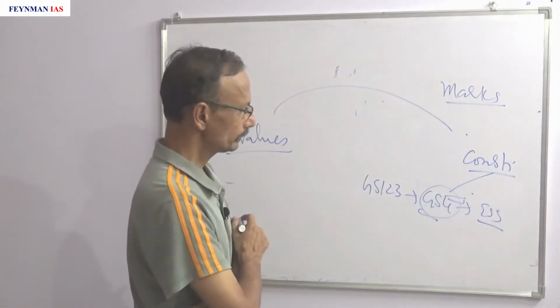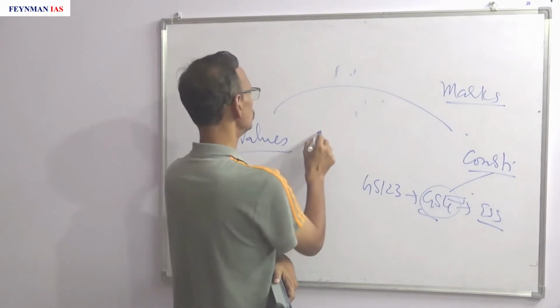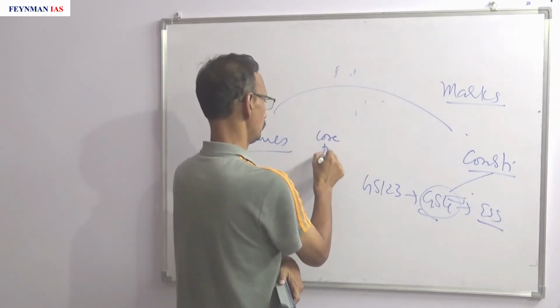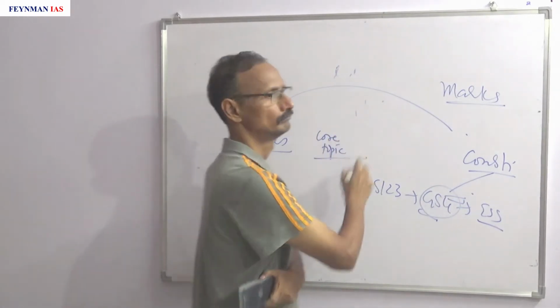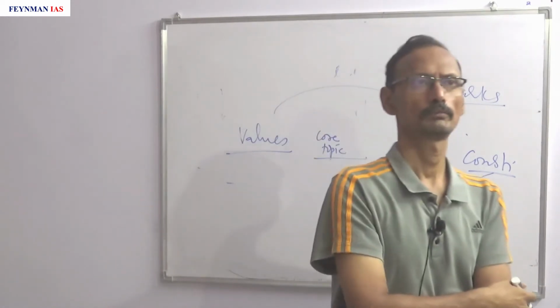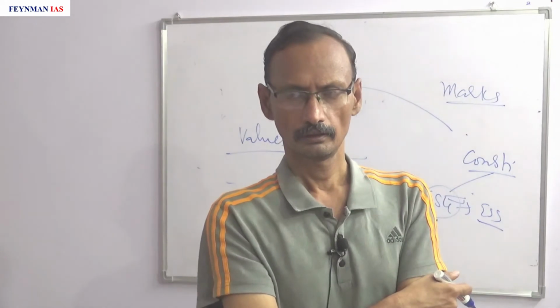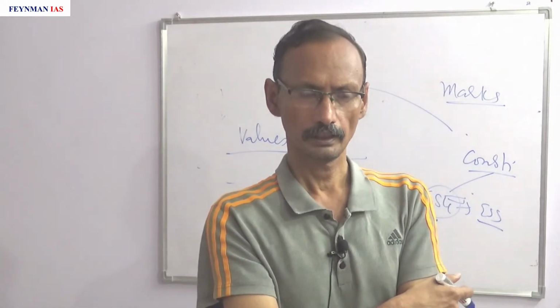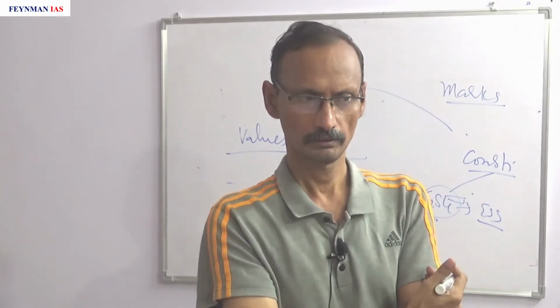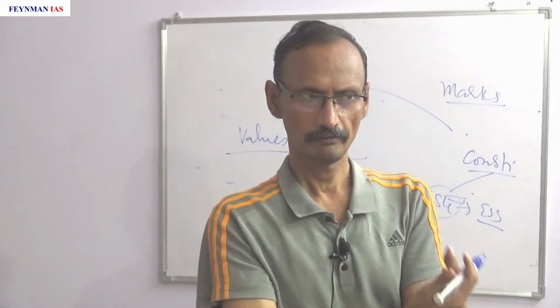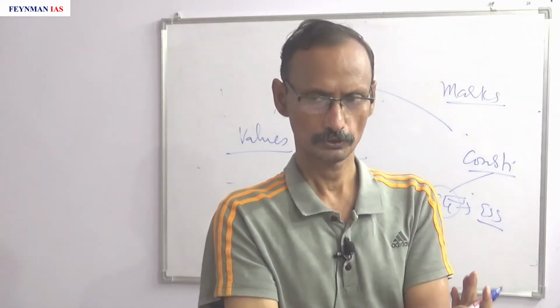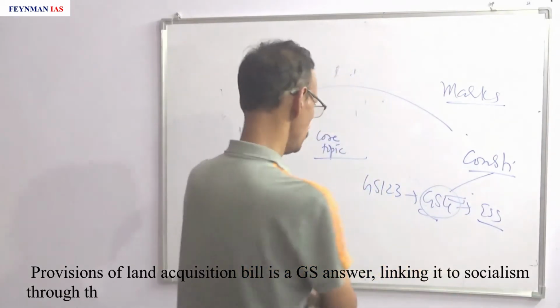What is meant by conveying values? There is a core topic. For example, some Land Acquisition Act. If you are writing an essay from section B, section B conveys GS related issues. So land acquisition. Suppose there is a land acquisition.